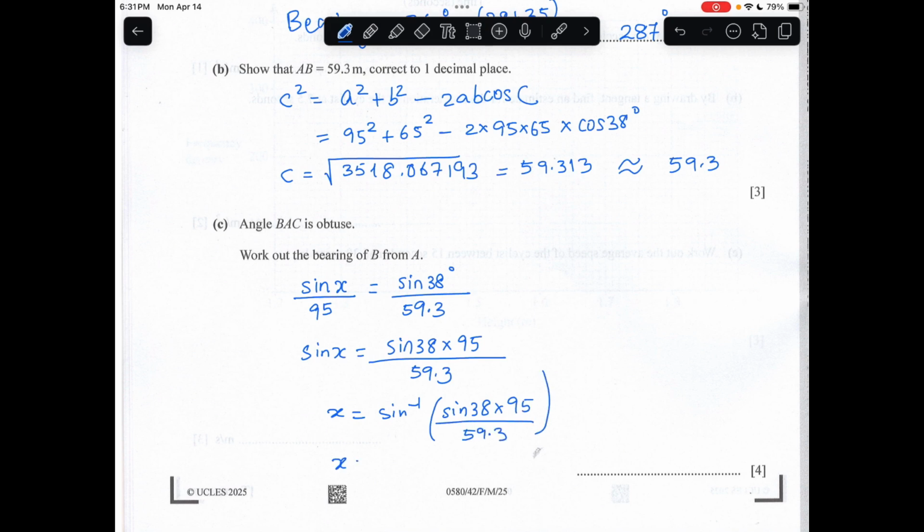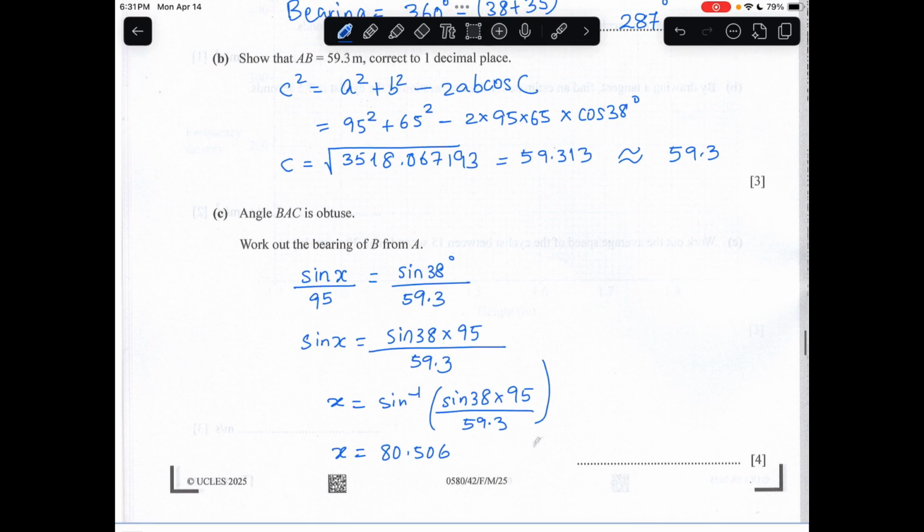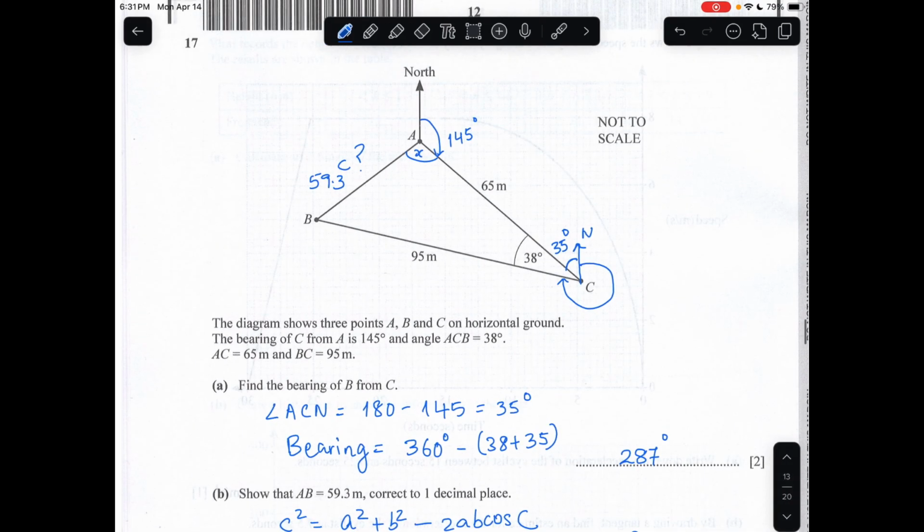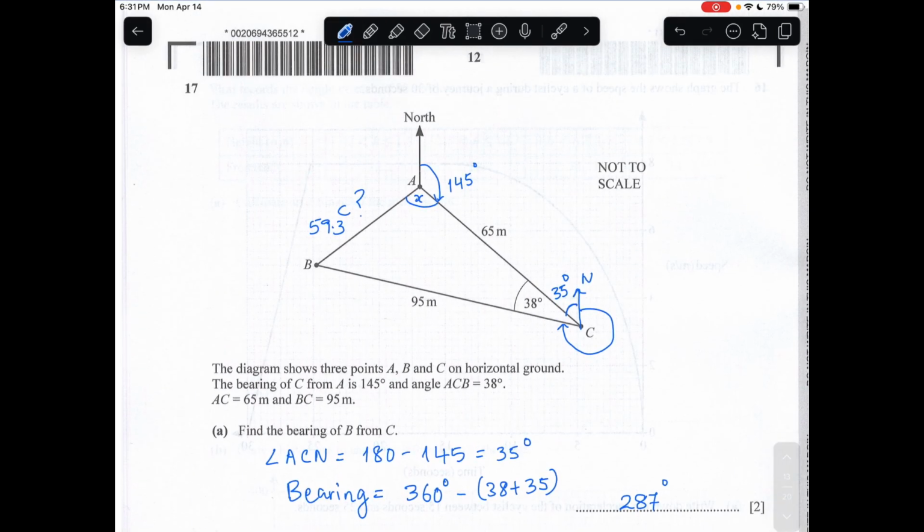This works out to be 80.506. Remember, the angle is obtuse. So the obtuse angle is going to be 180 degrees minus 80.506, which works out to be 99.494. Hence, the bearing of B from A is going to be all of this.